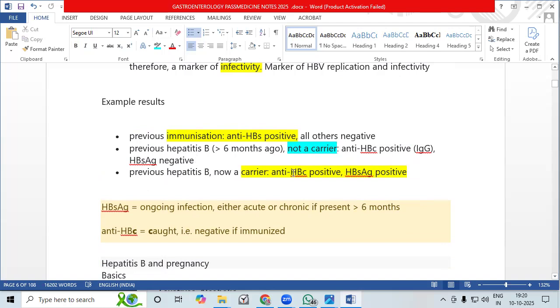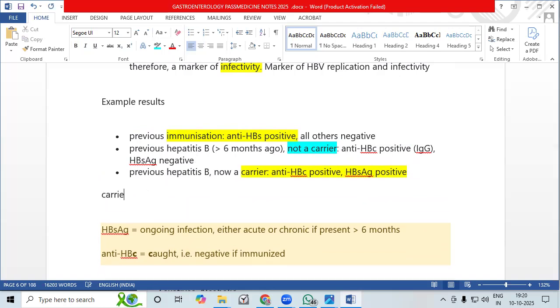So a carrier means HBsAg positive and anti-HBc positive, with IgG core antibody. Carrier needs to have this positive.